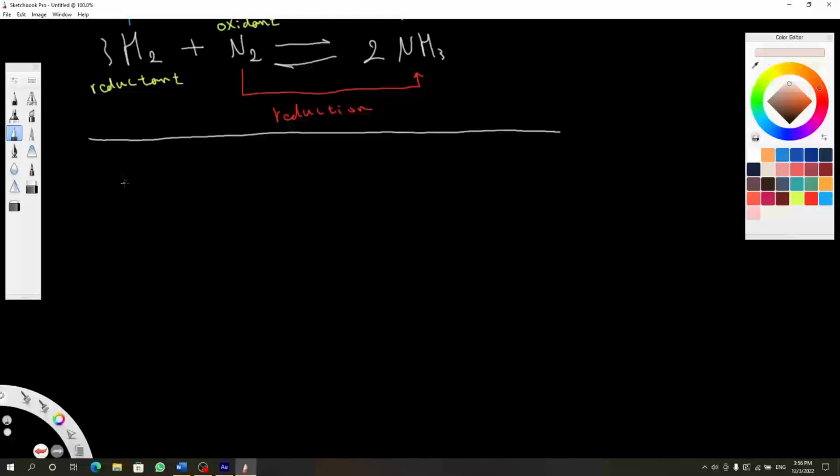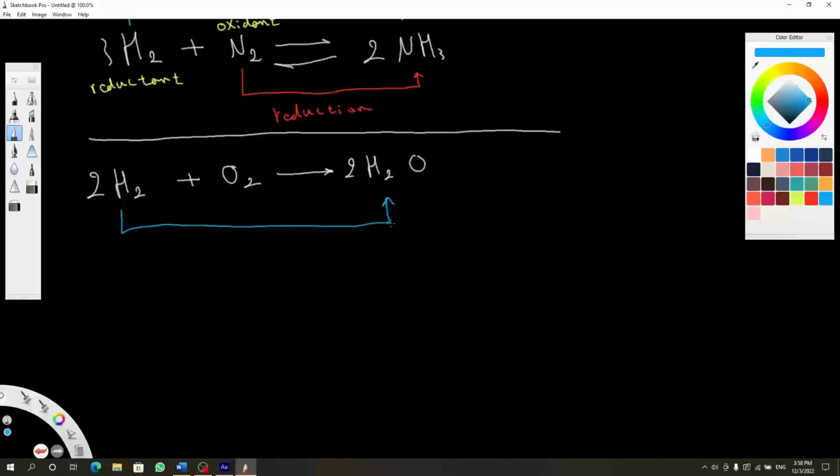Another example, and this will be our last example in explaining oxidation and reduction in terms of loss and gain of oxygen and hydrogen: the reaction between hydrogen and oxygen to make water. Here, hydrogen gained an oxygen, which means that this is oxidation.